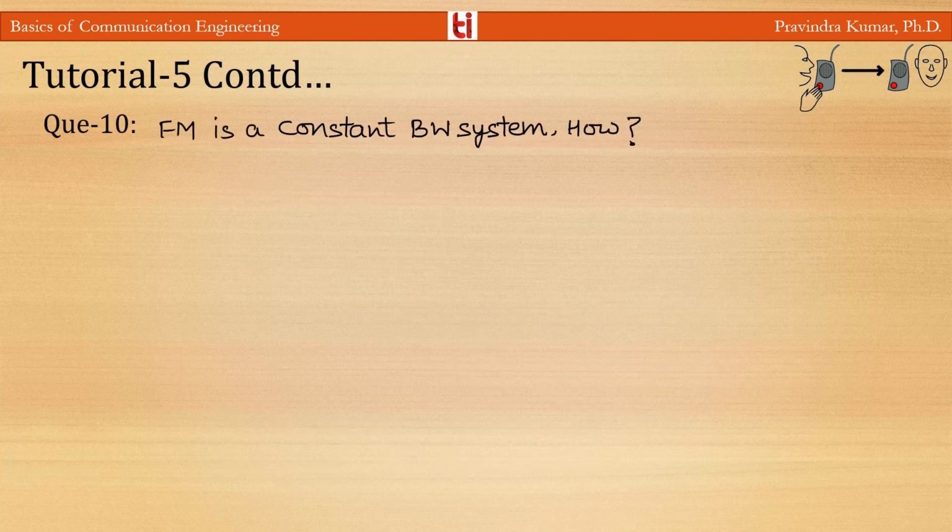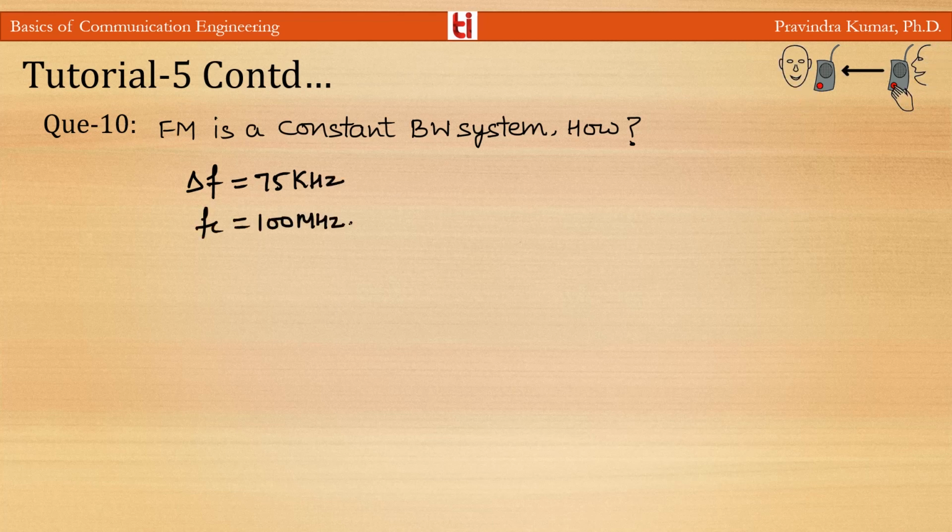Next question, FM is a constant bandwidth system. How? It is said that FM is a constant bandwidth system. Let us prove it by taking an example. Consider an FM system with deviation delta f of 75 kilohertz and fc of 100 megahertz and the maximum modulating frequency fm is 500 hertz.